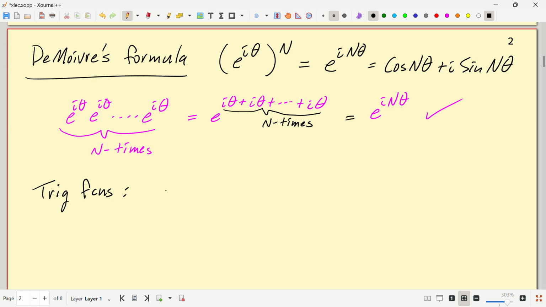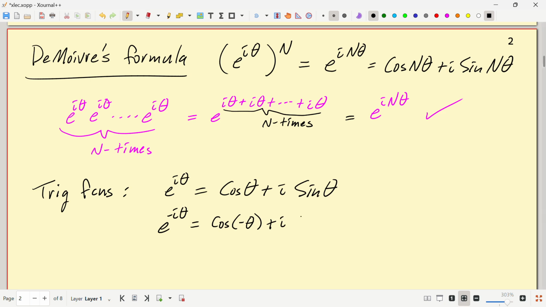We have e to the i theta is cosine theta plus i sine theta. And e to the minus i theta would be cosine of minus theta, which is the same as cosine theta, plus i sine of minus theta, which is cosine theta minus i sine theta.